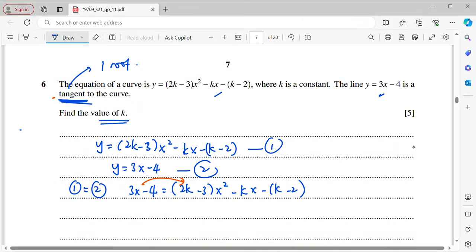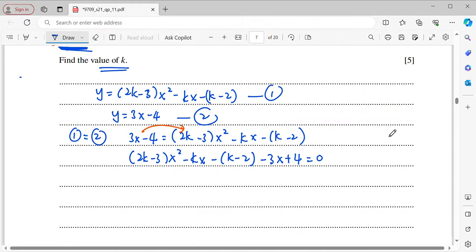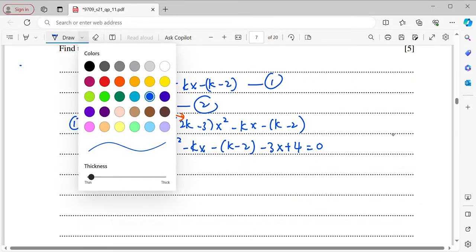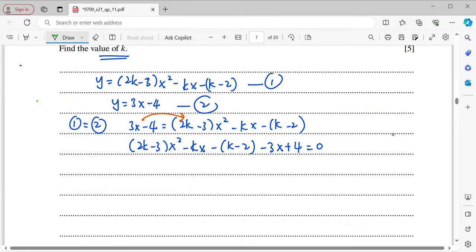So then I will be getting 2k minus 3 x squared minus kx minus k minus 2, then minus 3x plus 4 equals to 0. Then I will express all these terms in a quadratic equation.